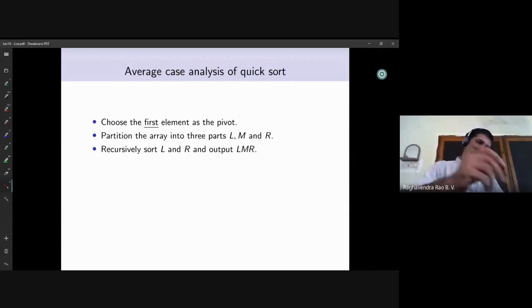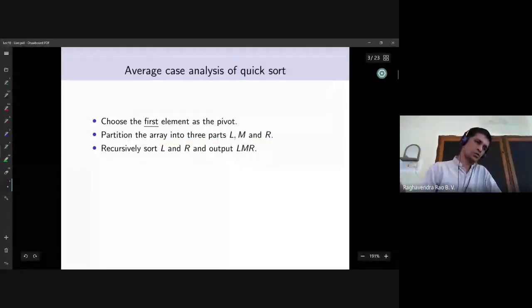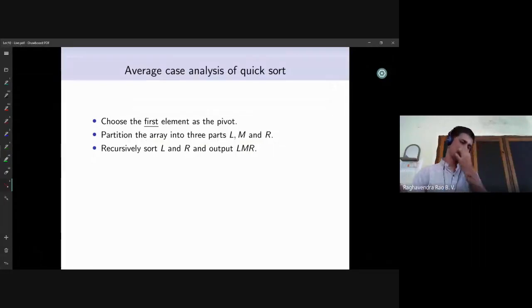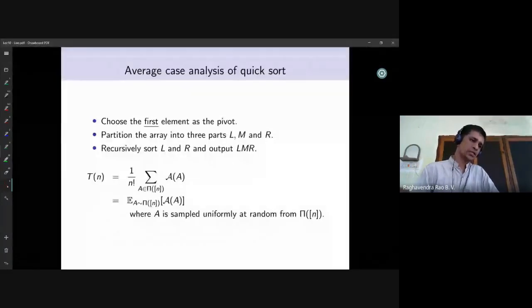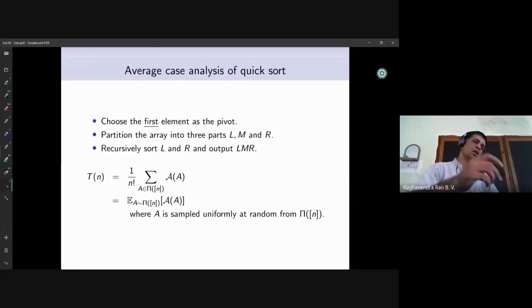We choose the first element as the pivot and then partition as usual, and then recursively sort the left and right portions. So the average case analysis: in the last lecture we saw that it's enough to do average case analysis over all permutations of 1 to n, that is, pi of n.